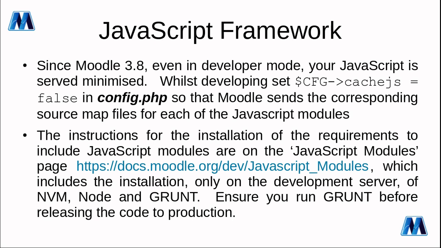If that's set to false, then Moodle will send the corresponding source map files for the modules in developer mode, so you can still debug your JavaScript, which is much easier than trying to look through minimized JavaScript.